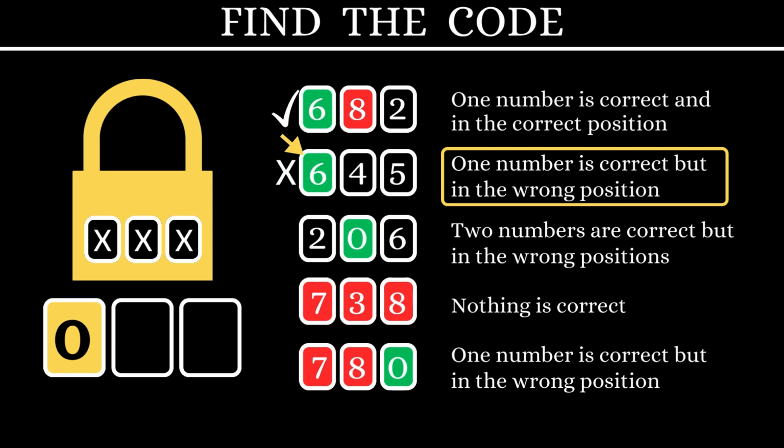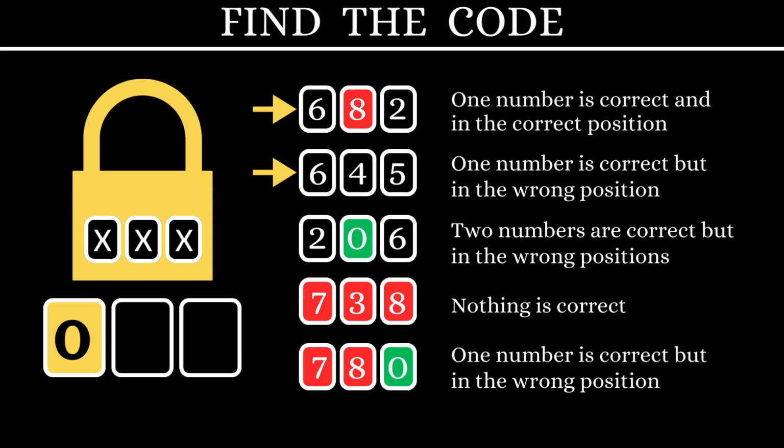This means that 6 can never be the correct number. So let's mark it as incorrect. We have one more 6 in the third statement. Let's also mark it as incorrect.